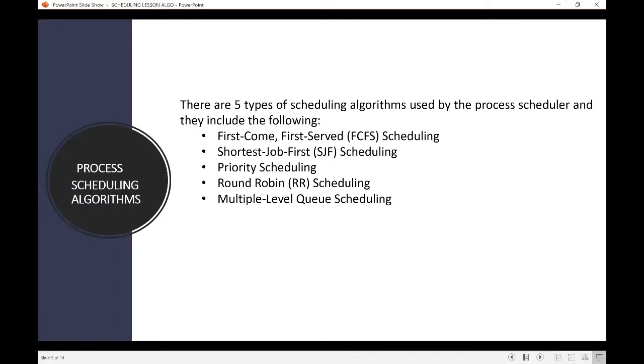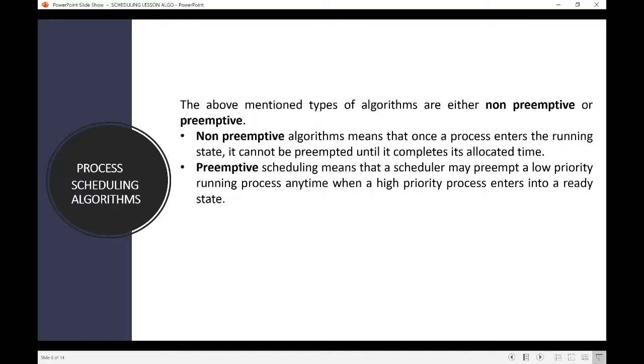But you may find that modern operating systems can have all those types of scheduling algorithms. We are going to go through each and every type and see how it works. Before we begin, let's talk about something here.